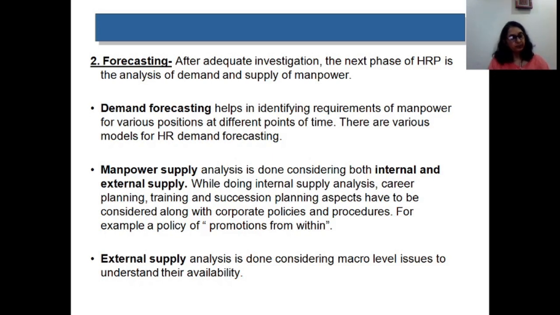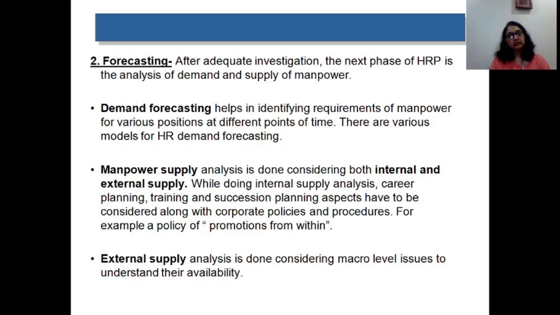For example, if the organization has a policy of promoting people from within whenever there is a vacancy, then it should look at the policy of promotions: for what period, at what level this particular policy is applicable, or whether the promotion has to follow a certain time period, that is, whether it is based on seniority or based on merit. So such considerations have to be taken in doing the resource planning.